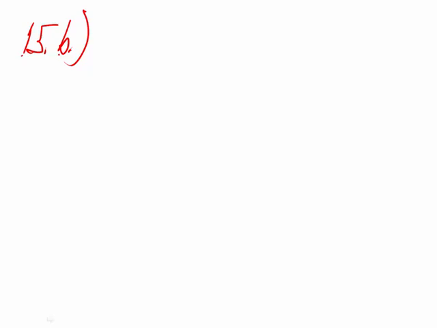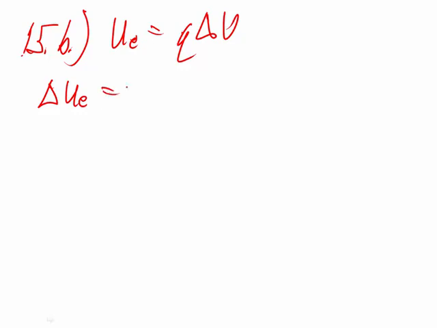15B asks how much electric potential energy has been gained by the charges that pass through the battery. So we're looking for electric potential energy, and remember that's Q times the change in voltage. So that's an E, by the way, equal to the charge, which is 45 coulombs, which is a lot, times the change in voltage, which is 9 volts.